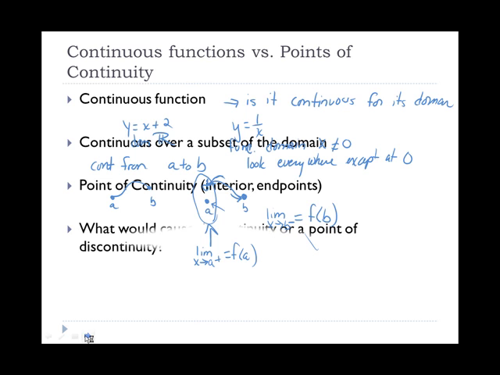So just kind of a summary. What would cause discontinuity or a point of discontinuity? Remember that's when the left-hand approach and the right-hand approach aren't equal, or if there's not a function value. So I kind of just talked about that, but you've got to approach from both directions, and it also has to match the function value.